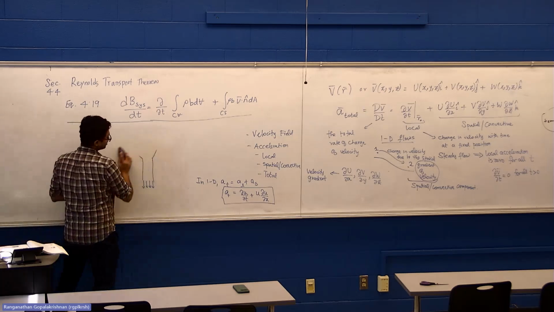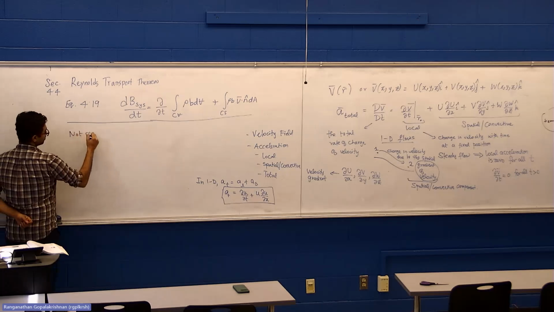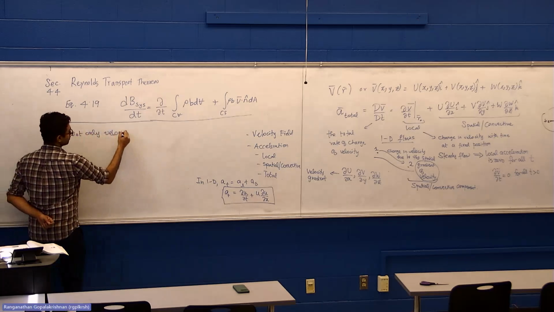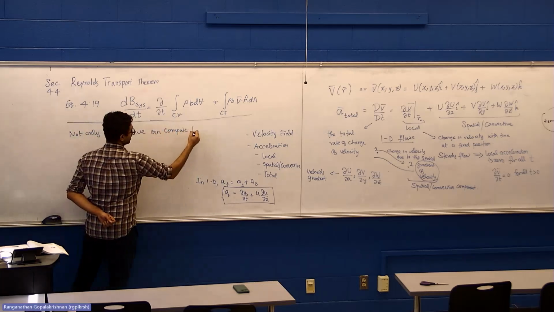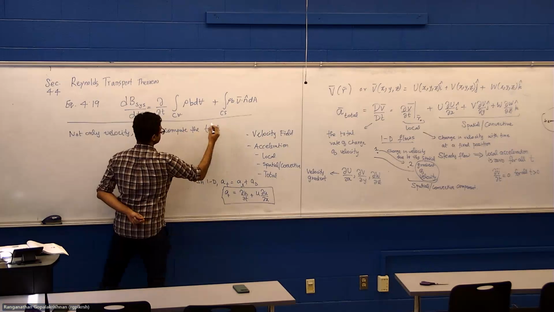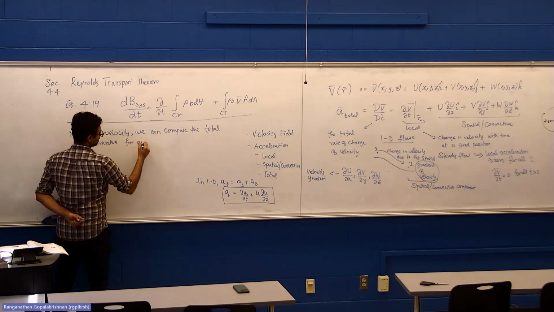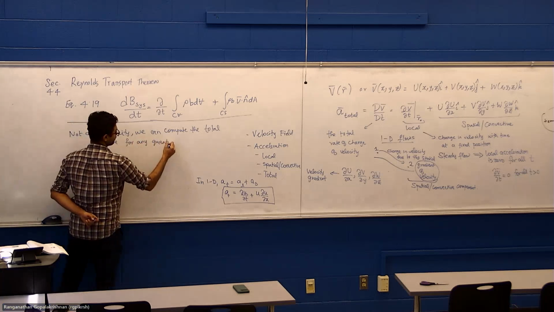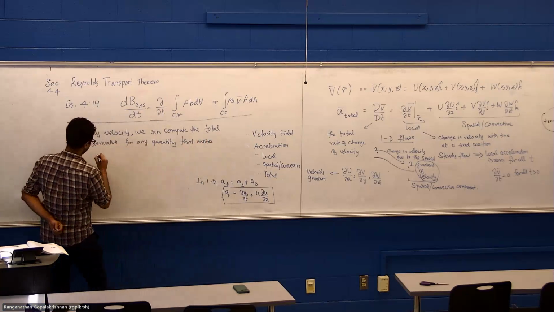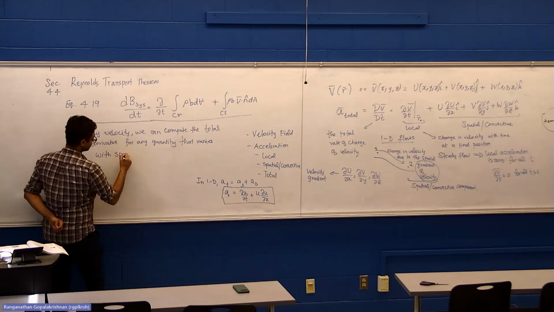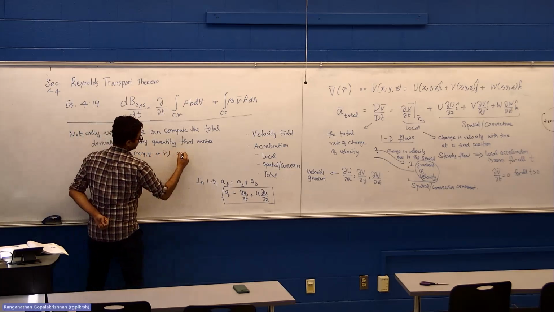So one last mention before we move on to the next topic. Not only velocity, we can compute the total derivative for any quantity that varies with phase, that is XYZ coordinates or the position, and time.